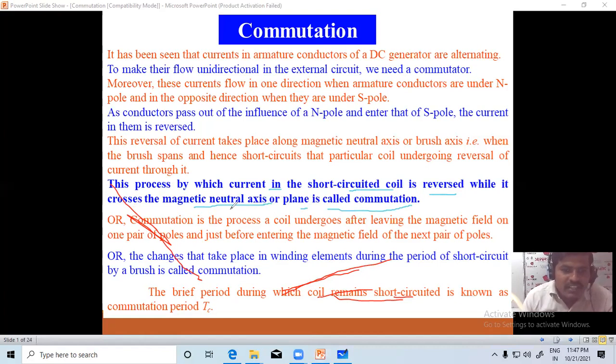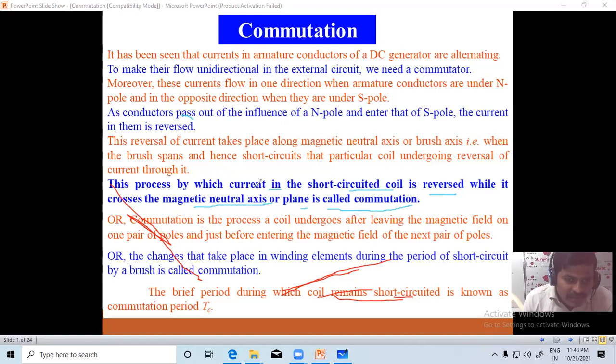What is commutation? The current in the commutator will be reversed when it passes from one pole to another pole, or when it is along the brush axis or magnetic neutral axis, then its direction will be changed.